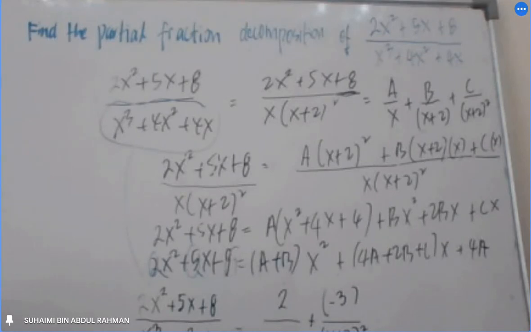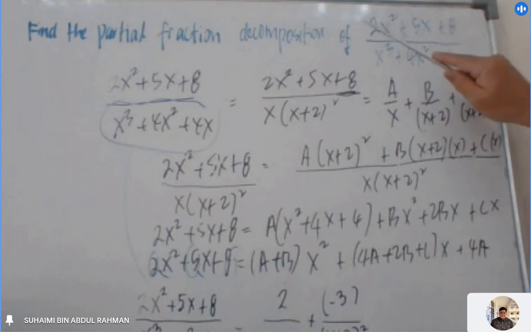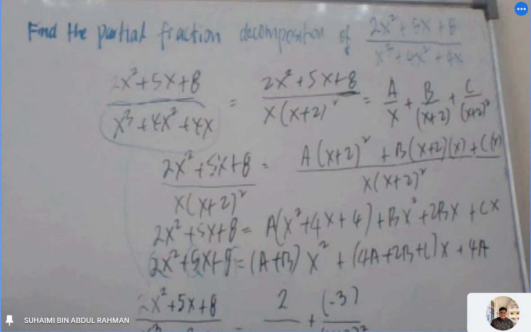So for this case of partial fractions, we can skip step number 1. Why can we skip? Because the rational function given to us is already proper.